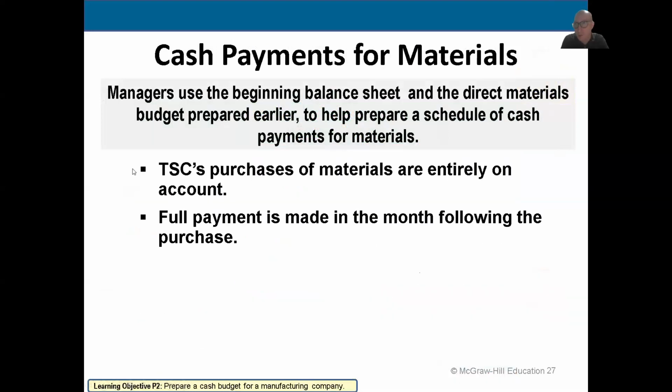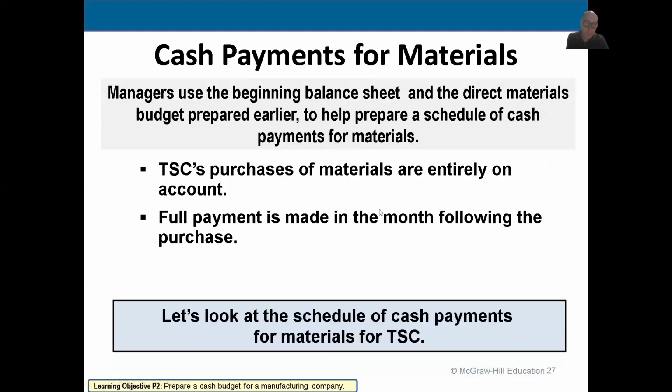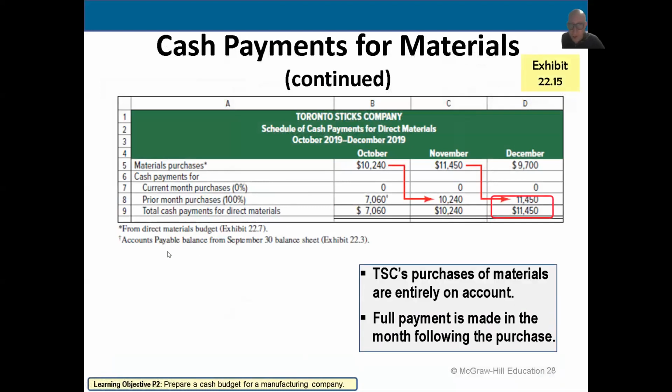We could also budget the amount of cash that we would expect to pay every single month, and that's going to be based off of your direct materials budget, direct labor budget, factory overhead budget. And here's an example of that.